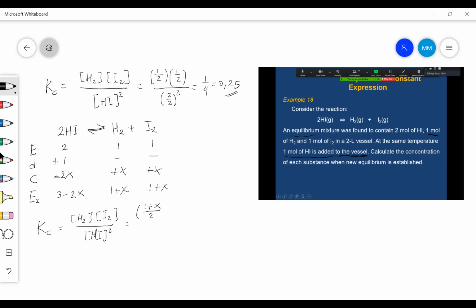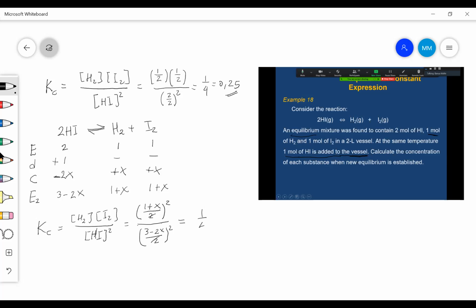They are the same, so I can write it as a square: 1 plus x over 2, squared. Over the concentration of HI, which is 3 minus 2x divided by 2, and also squared. Because we have squares, the 2 and 2 can be cancelled. And this will be equal to what? What is the value of Kc? 1 over 4.